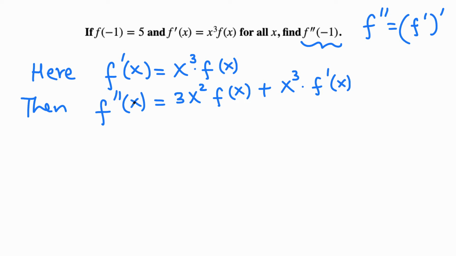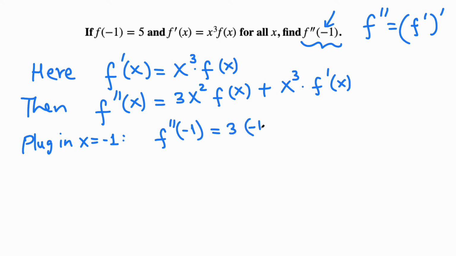So that's the second derivative for all x, and the question wants us to find it at negative 1. Then substitute, plug in x equals negative 1. We get f double prime of negative 1, which means we replace x throughout by negative 1. So this is 3 times negative 1 squared times f of negative 1, plus negative 1 cubed times f prime of negative 1.